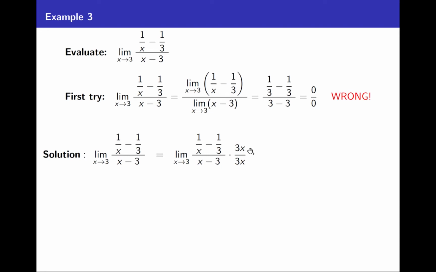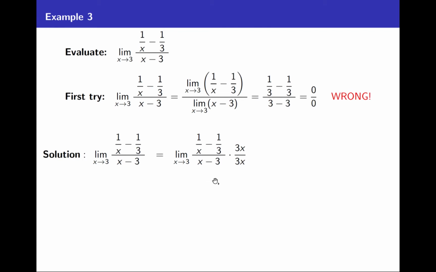Now the reason I've chosen 3x divided by 3x is that 3 times x is the common denominator of these two fractions. If we multiply the 3x into the top, it's going to multiply times the 1 over x to give us a 3, and multiply by the negative 1/3 to give us an x. And thereby we will simplify these fractions, and perhaps then we could get some cancellation.